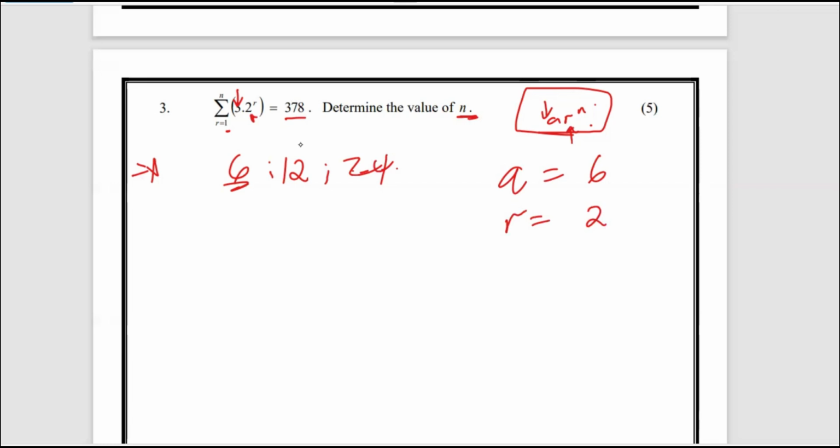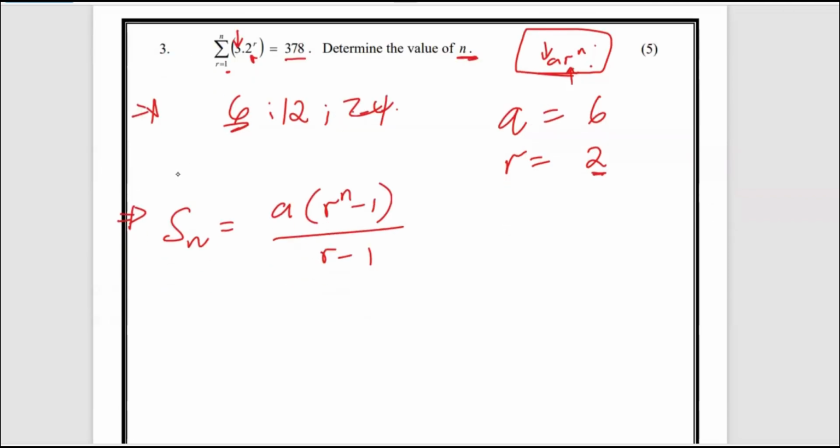Then, since it's a geometric series, I'll go down and write down the formula for the sum of the geometric series. So our Sn is given as A into R to the N minus 1 over R minus 1. What I can identify from the information given is that we are interested in just the N. Our R is already 2, and then we know that our Sn is 378. So let's do the substitution and see.